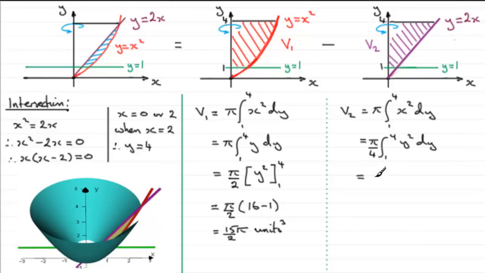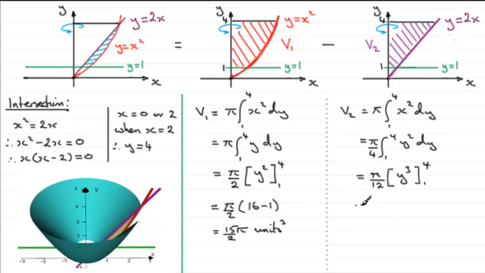So if we integrate y squared with respect to y, we're going to get y cubed over 3. So 4 times 3 is 12, so we've got pi over 12 multiplied by y cubed going between the limits 1 and 4.